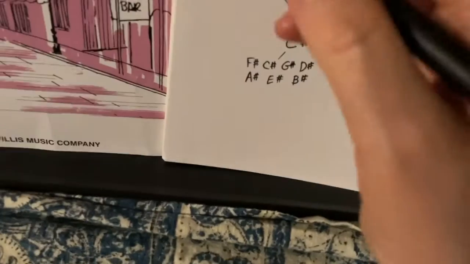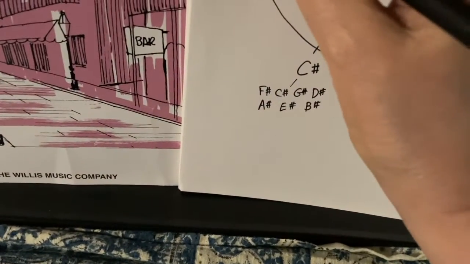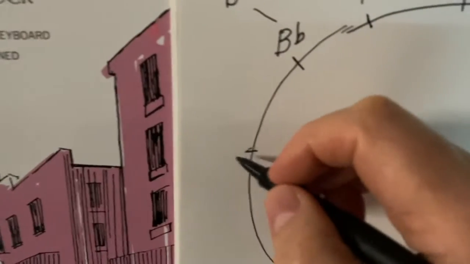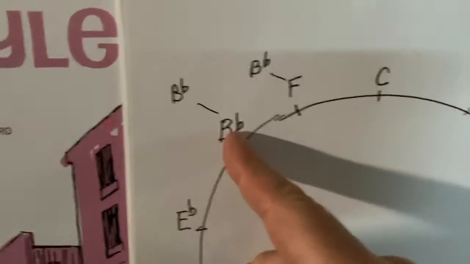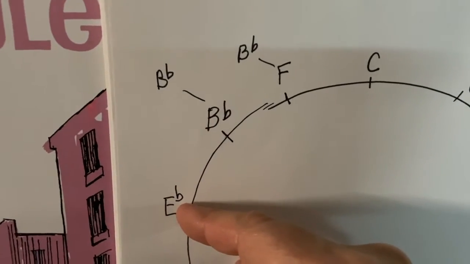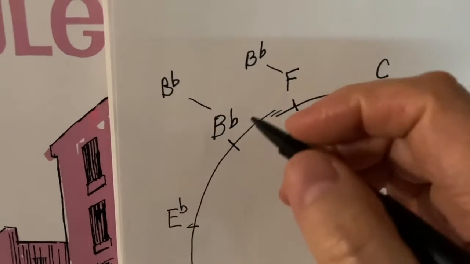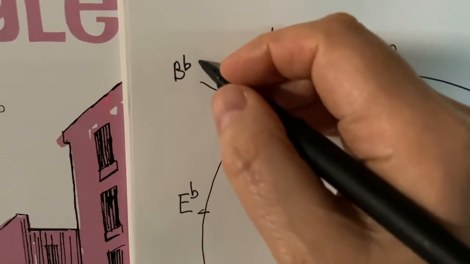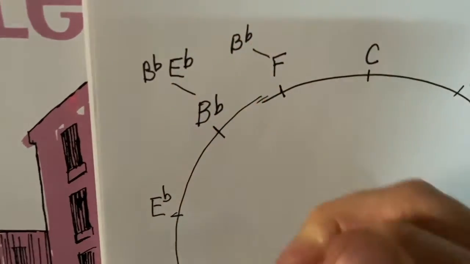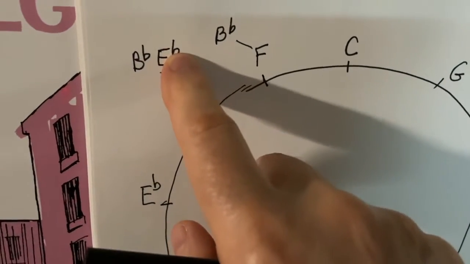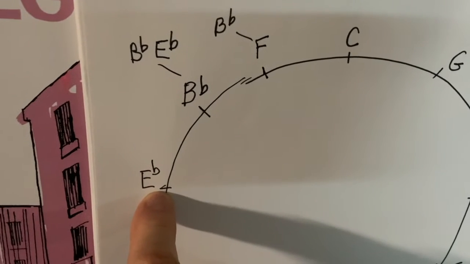And we get E flat. So E flat is up a 4th, a perfect 4th, from B flat. This is how we get the 2 flats. The last flat always names the next key.